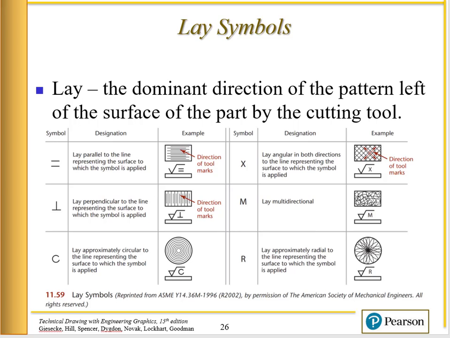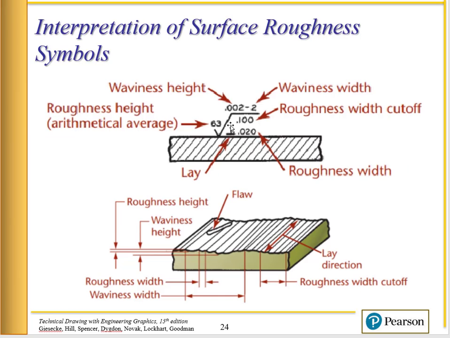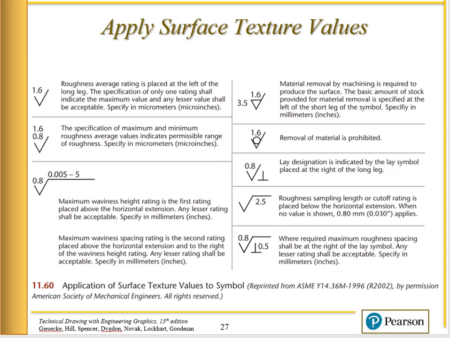And the lay symbols, again, would go right here in your surface roughness symbol. And then apply texture values. These are just some examples of these different things, just applications of how to use them.